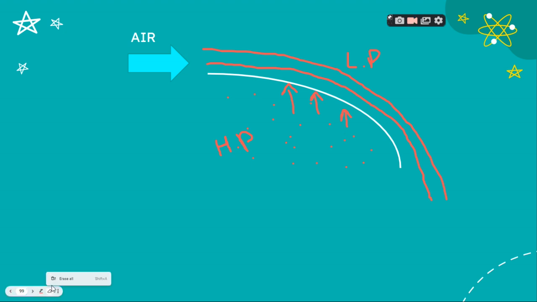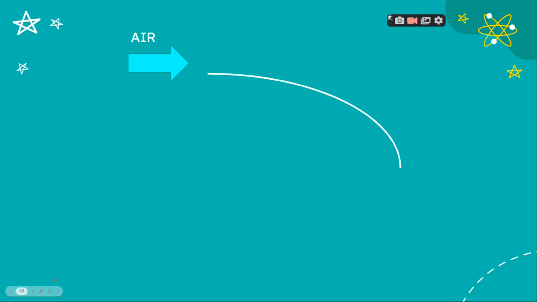Just clearing this off. Coming back to Newton's third law. Same principle here. The air that is being blown towards the curved surface tends to stick alongside it because of the Coanda effect. Now if you see, the air that is moving in this direction has been pushed down in this direction by the curved surface. So the direction of the air has changed.